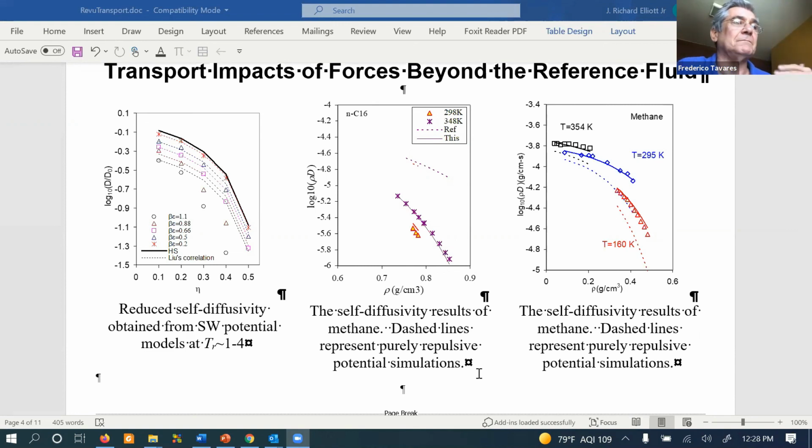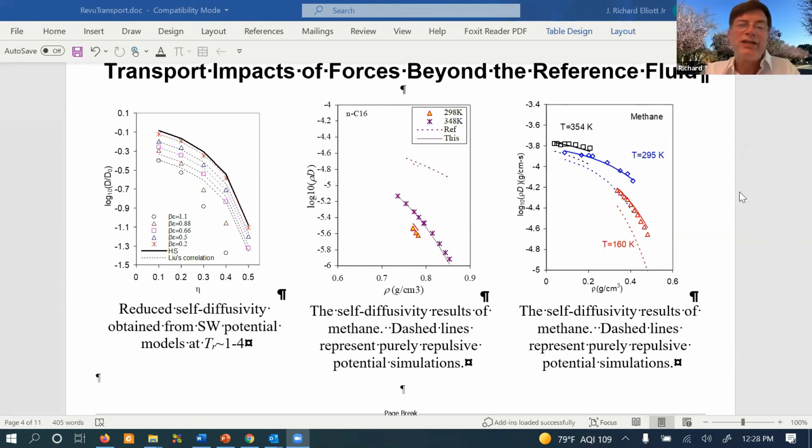So the scaling is compared with hard sphere instead of the limit of ideal gas. At least for viscosity, it works very well. But okay, we are still in progress.